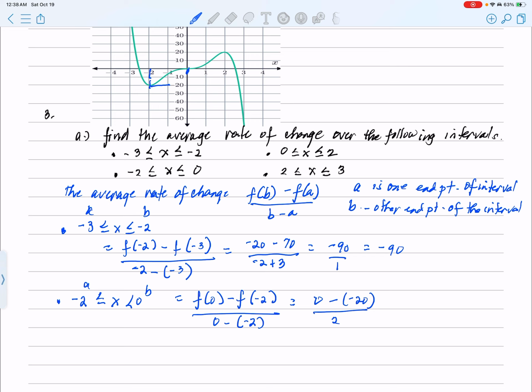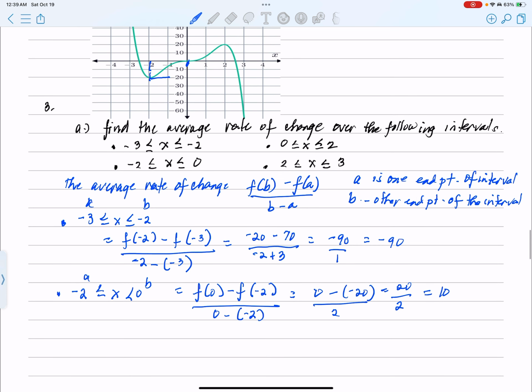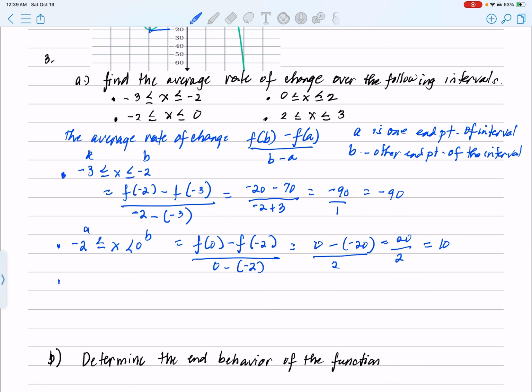So we have 20 divided by 2. So our rate of change is 10. Oh, yeah, 0 plus 2, it's 2. Okay, I will do the third one.